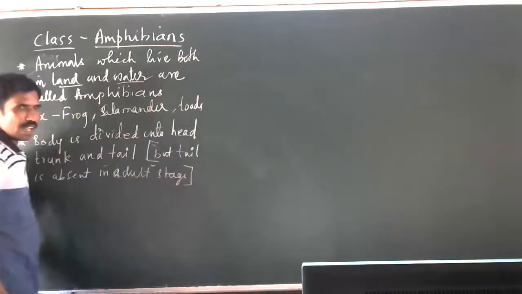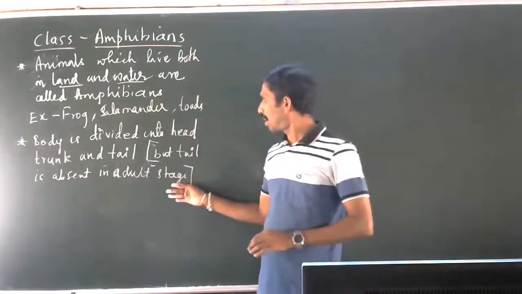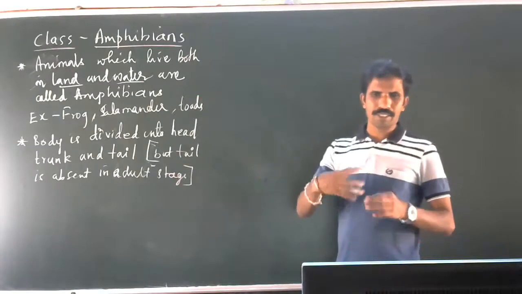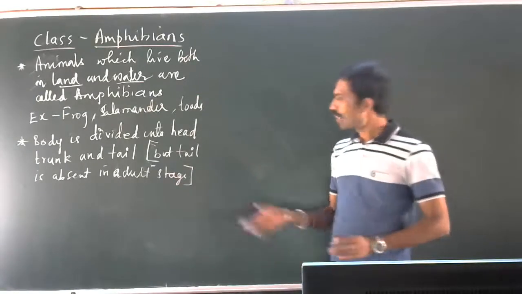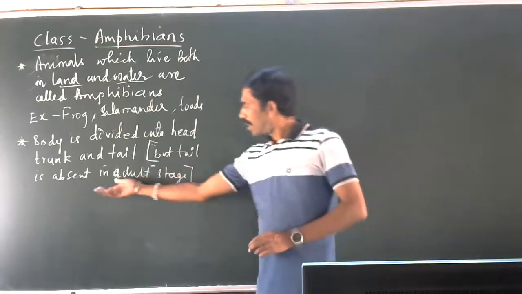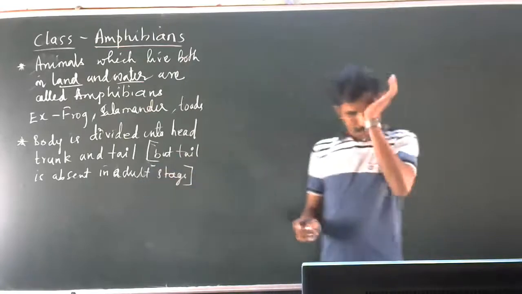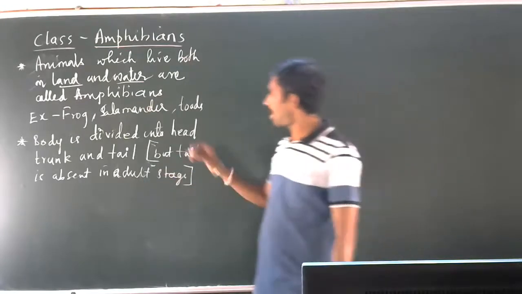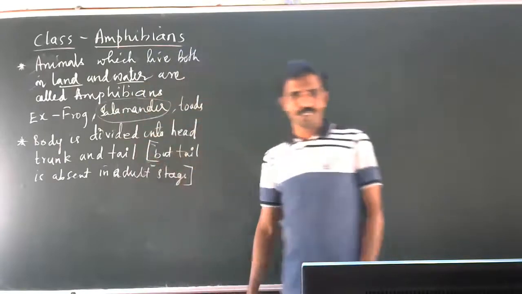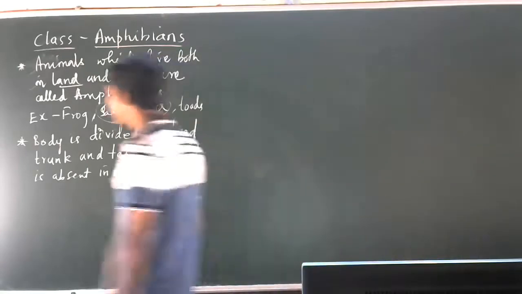So frogs have the tail in the infant stage, that means the larval stage, the tadpole stage. But they lose their tails in the adult stage. But some of them have tails in the adult stage also. Commonly they do not have a tail, but some organisms have a tail in the adult stage also.